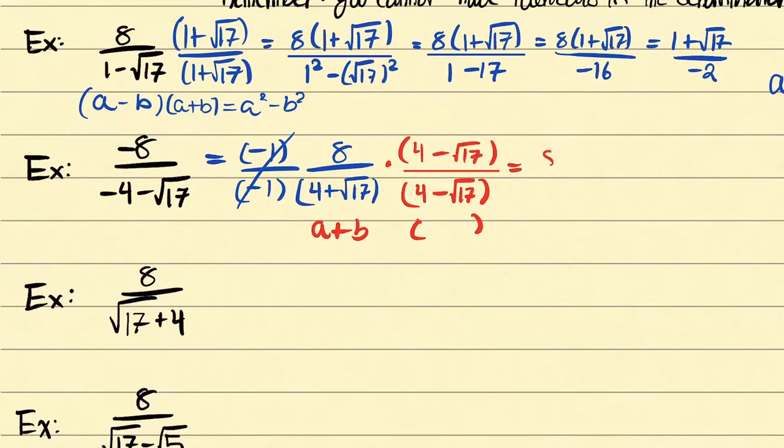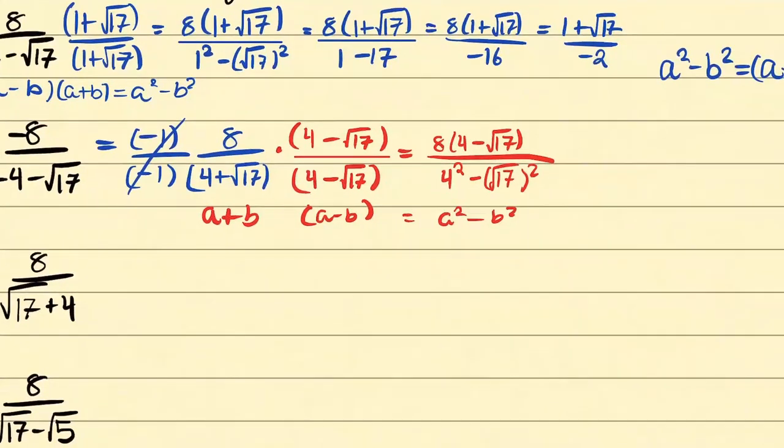So now I get 8 times 4 minus root 17. And then in the denominator, I get 4 squared minus 17, the root 17 squared. Right? A plus b times a minus b is equal to a squared minus b squared. That was the point of this formula.